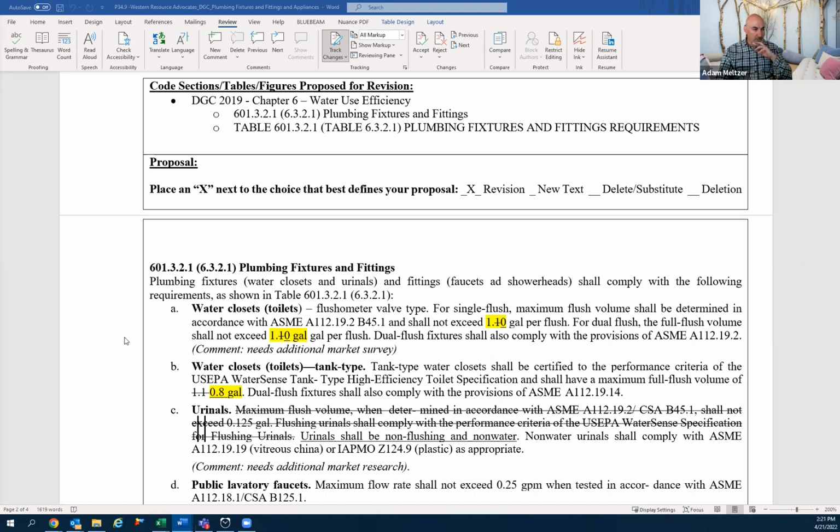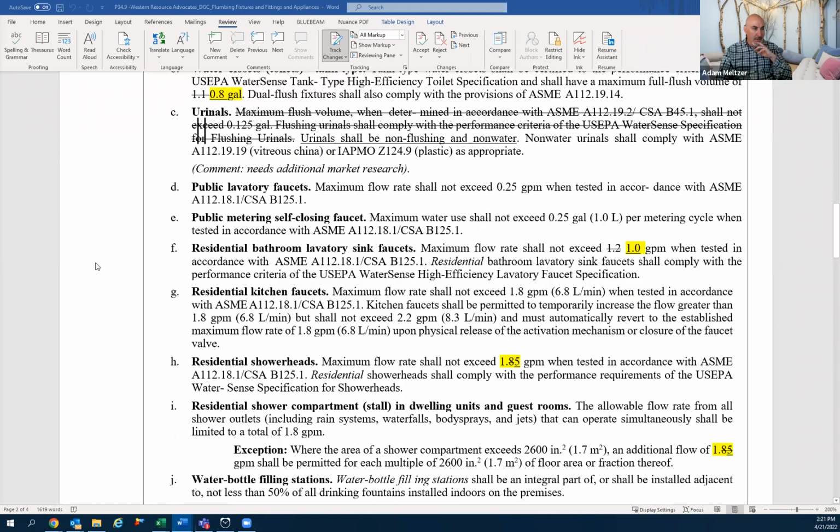Maximum flow rate shall not exceed 0.25 GPM. I don't know that there's a 0.25 aerator readily available on the market. I think that should be 0.35. And the one underneath it says per metering cycle, so that's fine on number E.